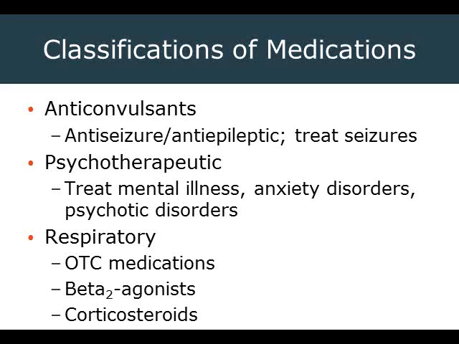You may also see some weird things like EPS, extrapyramidal symptoms, or syndromes, sometimes it's called, that involve muscle twitching, jerking, tremors, changes in heart and respiratory rate. You'd almost think that they're tweaking off of an illegal drug, but sometimes it's actually a legal prescribed drug that's causing them to have some of these weird symptoms.